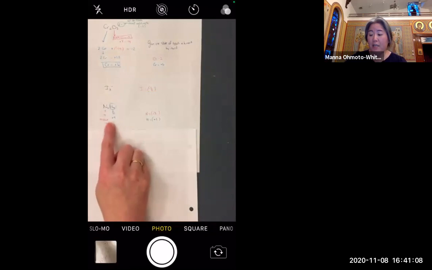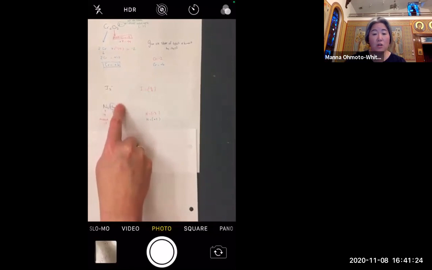Then if I'm looking at N and H in the molecule N2H4, hydrogen will have an oxidation state of +1. There are 4 of them. That's the subscript. So the total oxidation contribution of hydrogen is +4. There is no charge, so the overall oxidation states have to add up to 0.